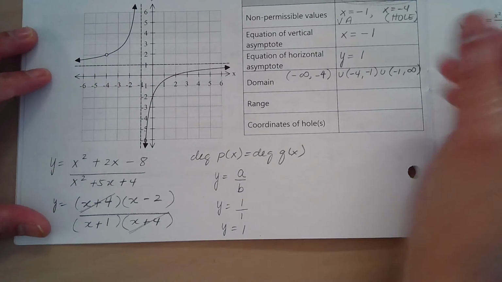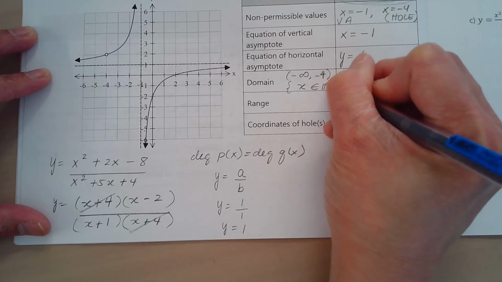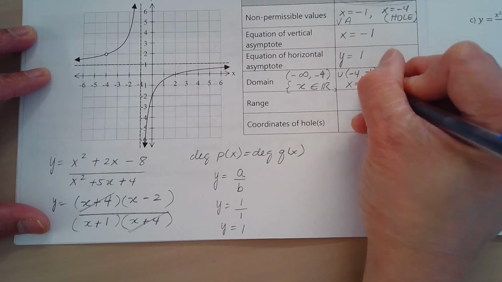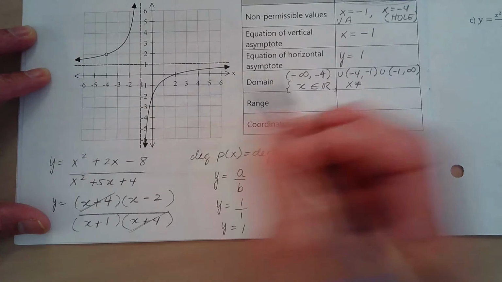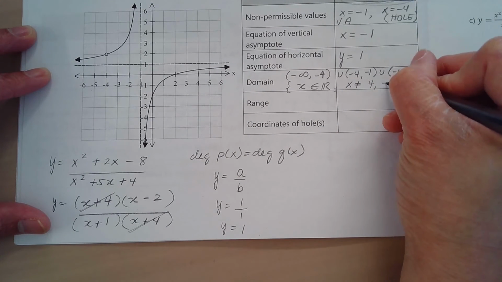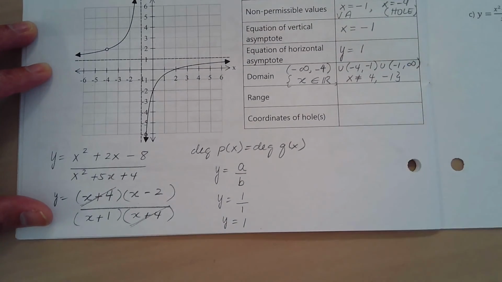What's the other possibility? We can say x is an element of real numbers, but x cannot equal minus 4 and minus 1. Is that okay?